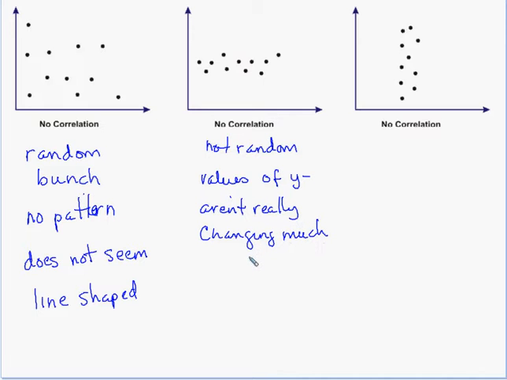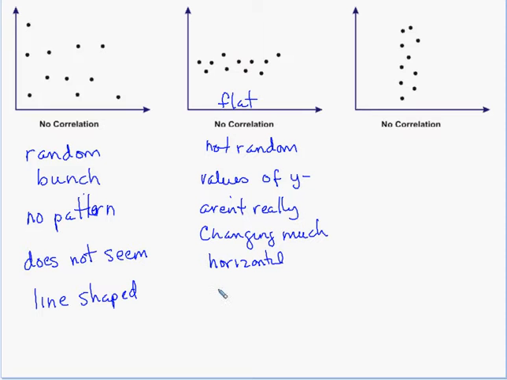So if the y's aren't really changing that much, then it doesn't matter what our x's are. The x's aren't really affecting the y. The y is just whatever it is all the time. Does that make sense? So if they're not changing that much, if it's flat, horizontal, there's not a correlation.